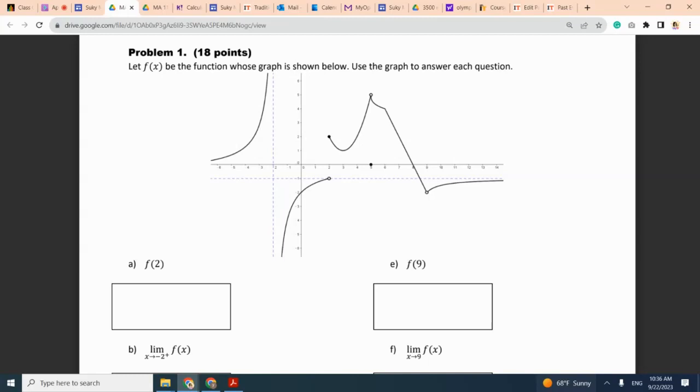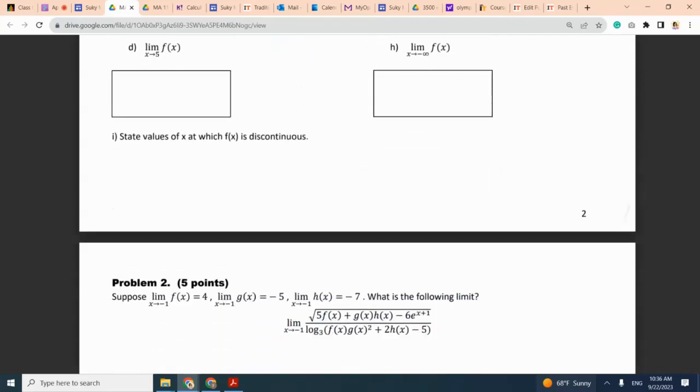But if your limit goes to infinity, then you say infinity. If your limit goes to minus infinity, then use minus infinity. But if one side goes to infinity and the other side goes to minus infinity, you say what? Does not exist, because the two-sided limit does not match. Okay, everybody? All right. So that's the first problem.